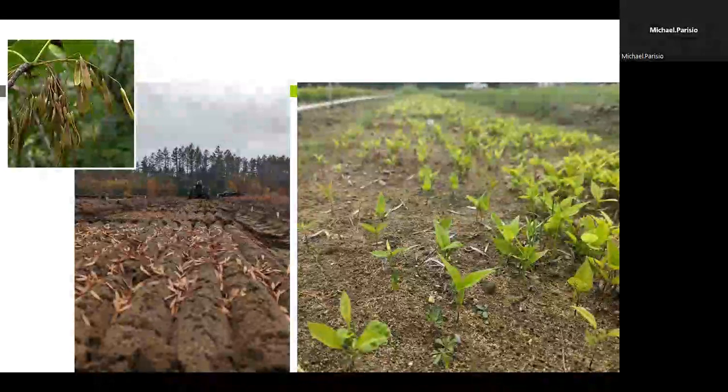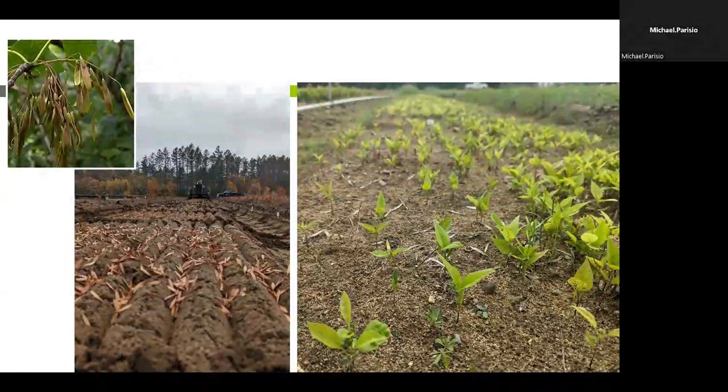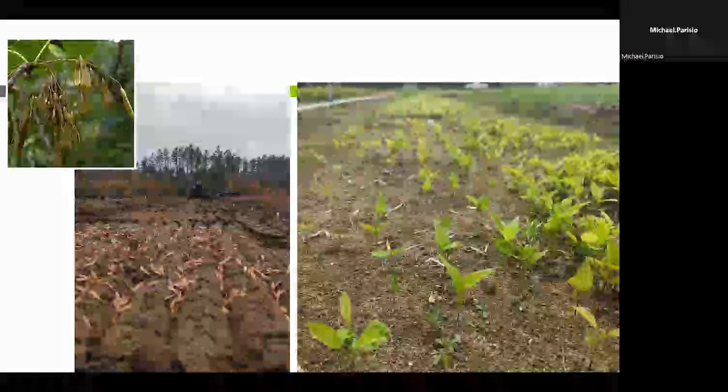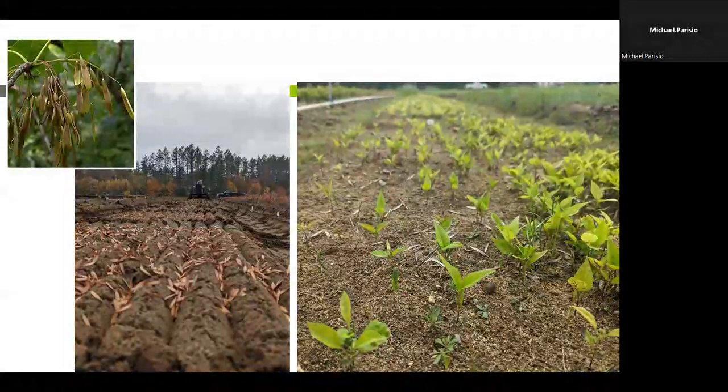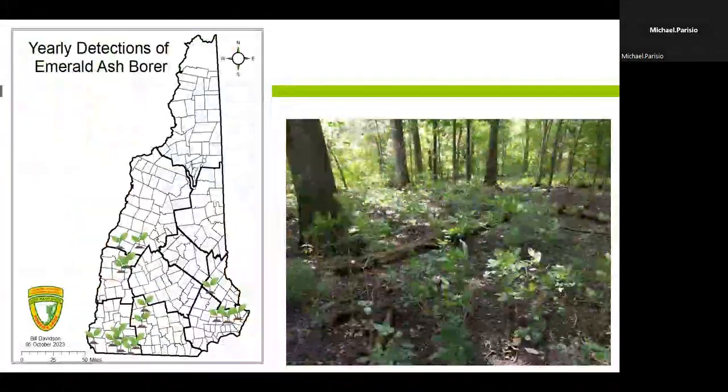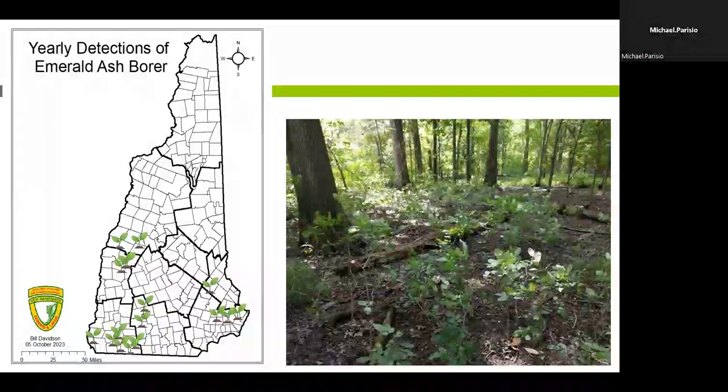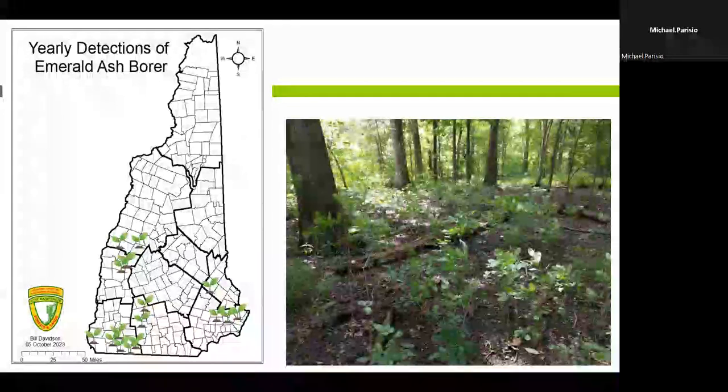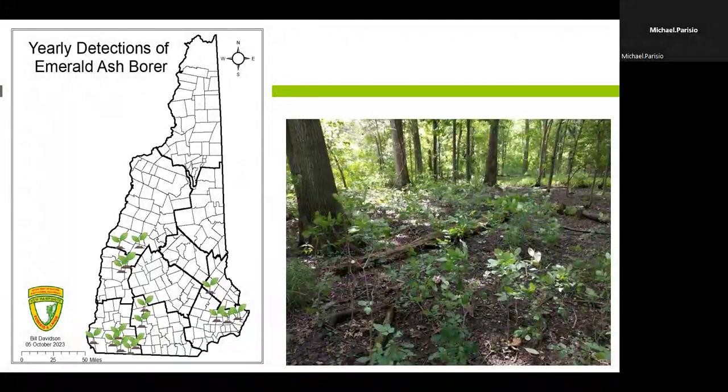Ideally, we'd take some of these seedlings and plant them in the treatment plots or nearby, but really wherever we can find good spots for them, we'll try and get them. There's a map showing where we were able to collect seeds from. You'll notice there's a void in the middle part of the state. That's because that's where emerald ash borer is the most severe, and we were hard pressed to find any healthy trees to collect any seeds from in that area.